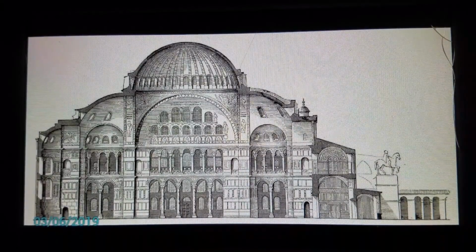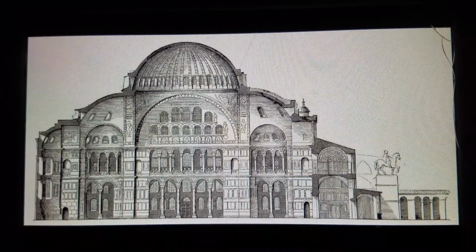I wanted to mention, while we're talking about the Dome of the Rock and the early church, this is something called Hagia Sophia. It's in Istanbul, Turkey, and it's a monumental church, enormous, with a dome. Some of the early pilgrims that went to Jerusalem said there was a Saint Sophia church. So it's quite possible that the church we're looking at as the Dome of the Rock today was a Saint Sophia church in Jerusalem.